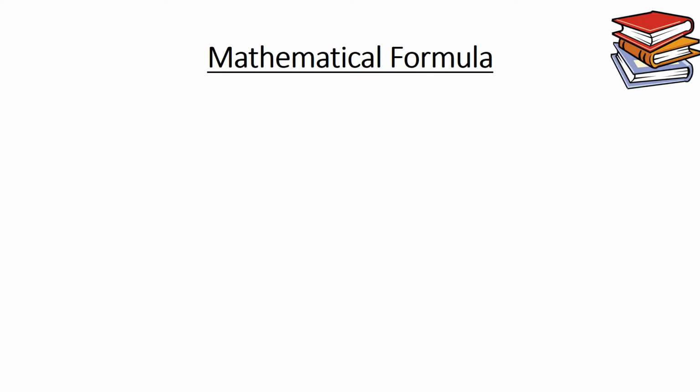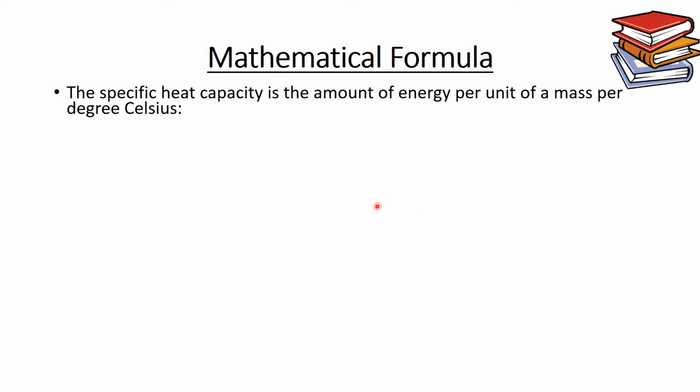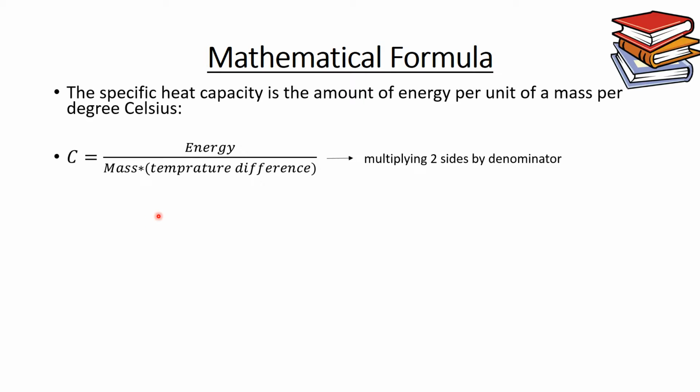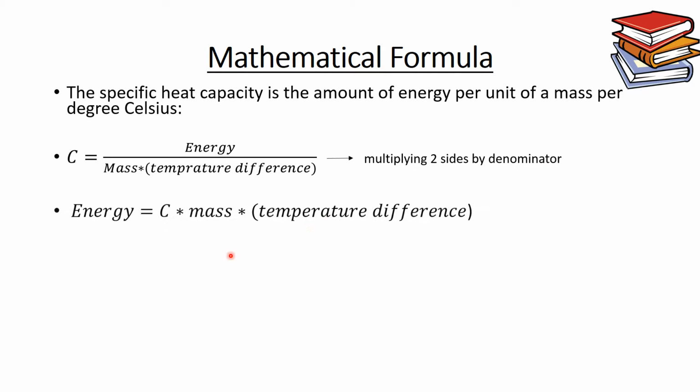So what we said until now is that specific heat capacity is the amount of energy per unit of mass per degree Celsius. If we write it, we can say that C, the specific heat capacity, is the energy per mass per temperature difference. If we multiply both sides of the equation by the denominator, we can say that the energy required to heat something equals C multiplied by mass multiplied by the temperature difference.